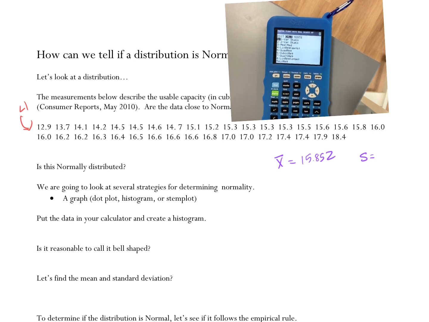And we're just going to run those one variable stats on L1. Lane, you're going to run those on L2. Can you repeat that? Stat. Arrow over to calc. And choose the one variable stats.